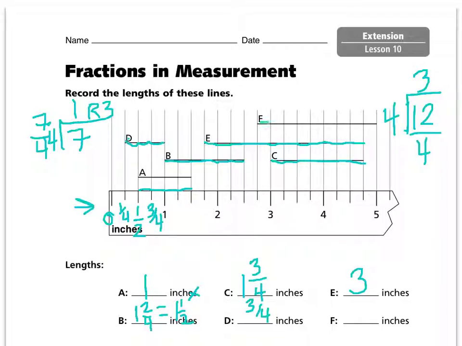Count letter F, 1, 2, 3, 4, 5, 6, 7, 8, 9/4. I can divide 9 by 4, I know it goes in twice, and there's a remainder of 1, which means that I'm going to have 2 as my whole number, my remainder is my numerator, and my divisor is my denominator. You need to show your work on all of these.